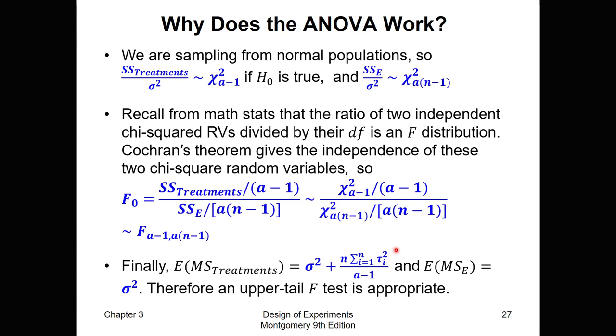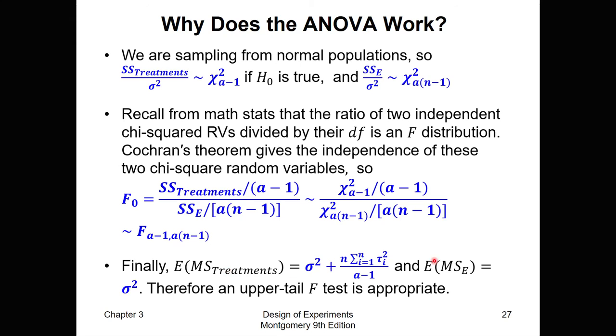But it's the sum of squares of the factor effects. So this is our expected value of the mean squares treatment. The expected value of the mean squared error is sigma squared. Now, we won't go into this. Actually, we will go into this later on. But for right now, just take this as a definition.